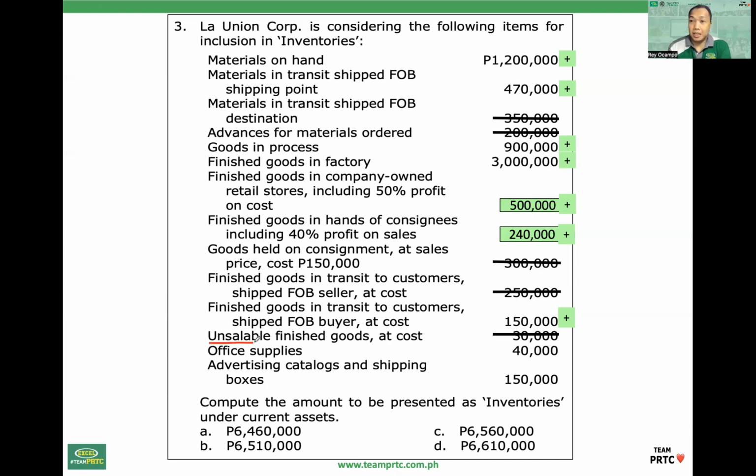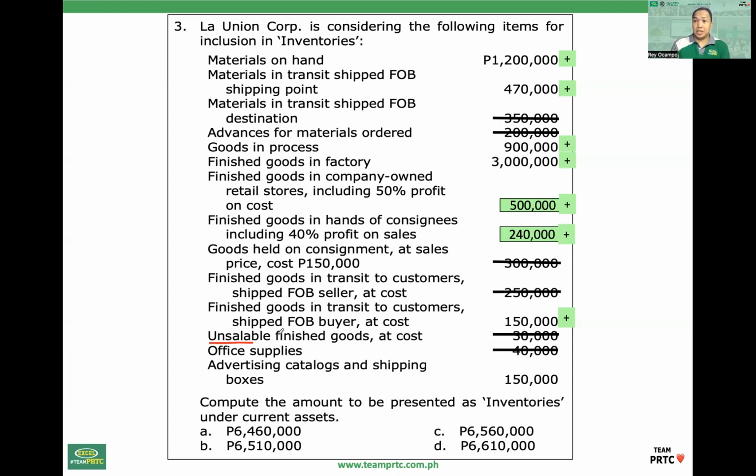Office supplies, exclude. To be considered as inventory, it should be used in the production process or in the rendering of services. So office supplies are reported as supplies and prepayments, or can also be under other current assets. So other current assets: supplies.